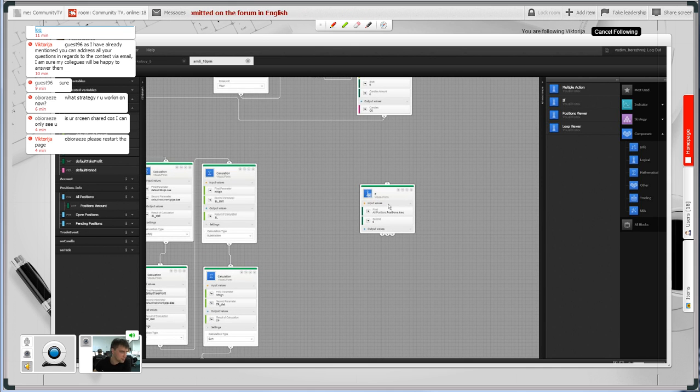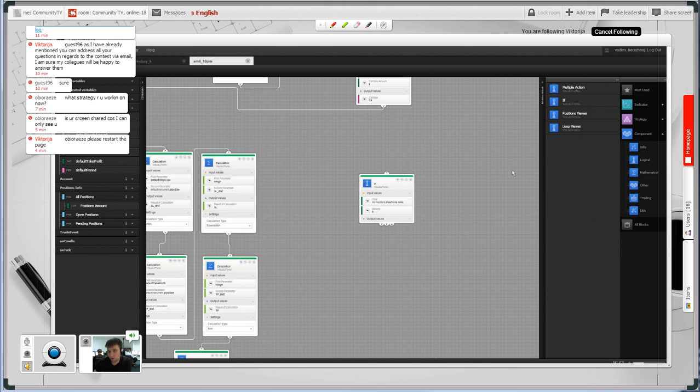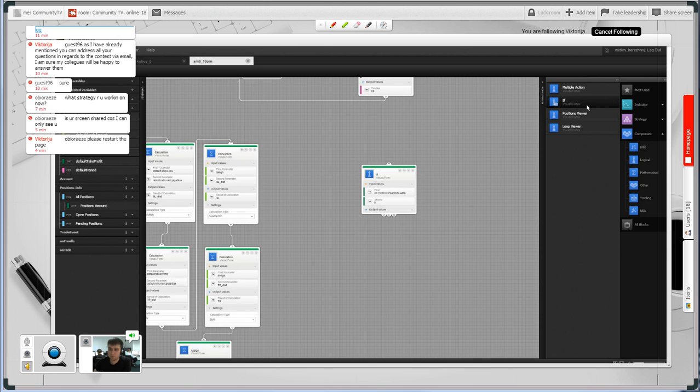Then we check if the ask price is below the current highest pending order level. Because if the ask price is above, then it will open a position immediately and it would not be a fair price.